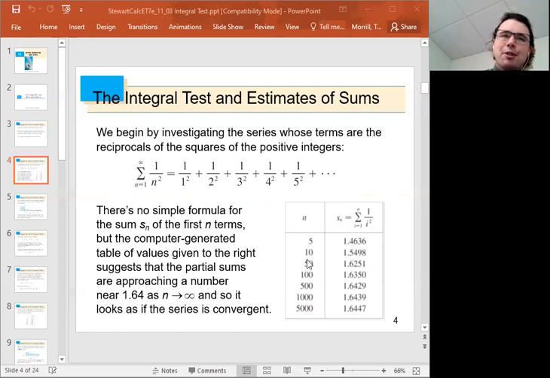The 10th partial sum is 1.54 and change. The 50th partial sum is 1.62 and so on. The 5,000th partial sum, so taking 5,000 of these numbers in a row, adding them all up, we get 1.6447.